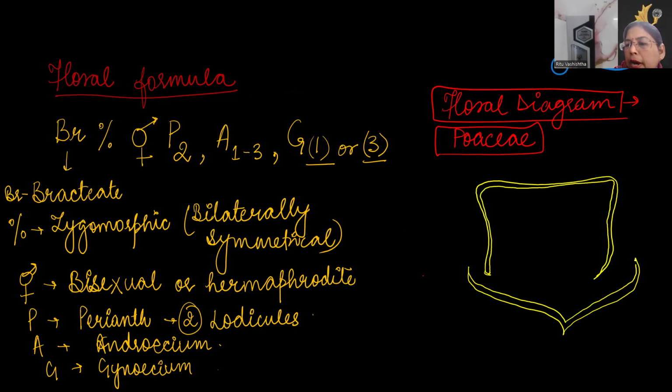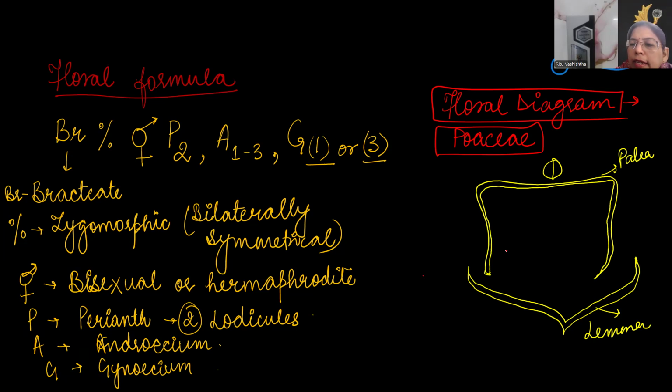So lemma and palea are present. So this is known as lemma. This is known as palea. We are going to use the symbol for the zygomorphic. We cannot use the symbol for the actinomorphic.